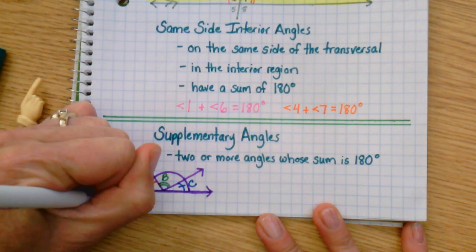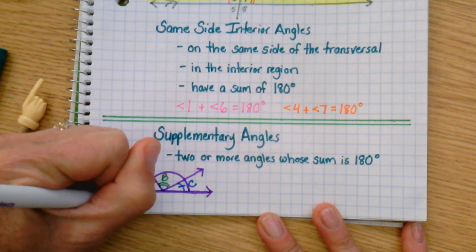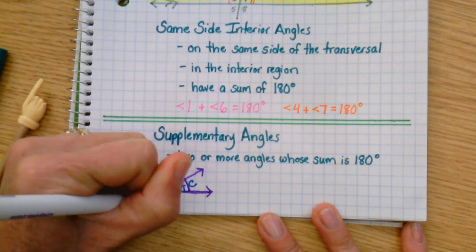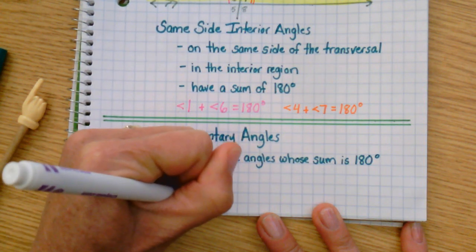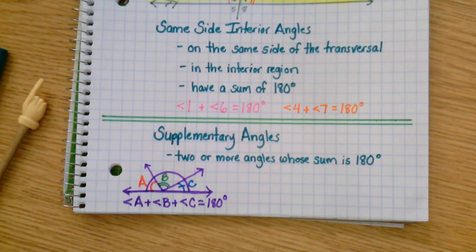So in this diagram, although we don't know their exact measures, we know that the 3 of them put together, angle A plus angle B plus angle C, have a total or sum of 180 degrees.